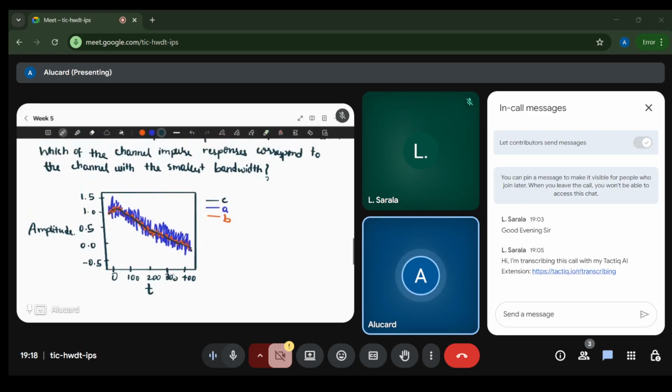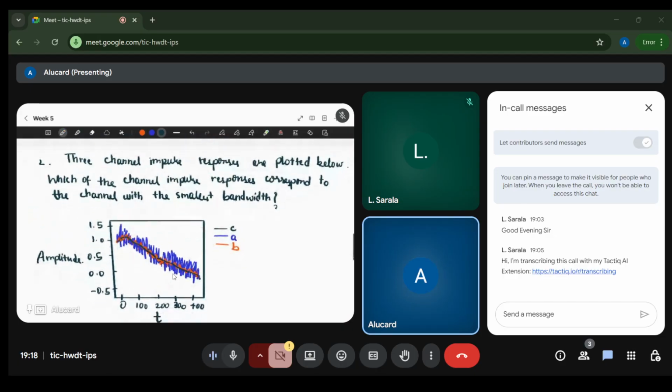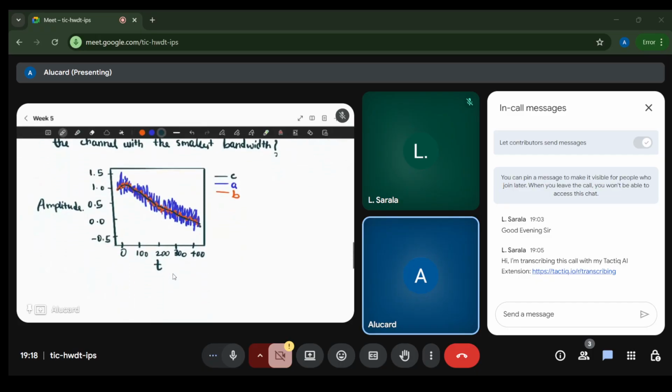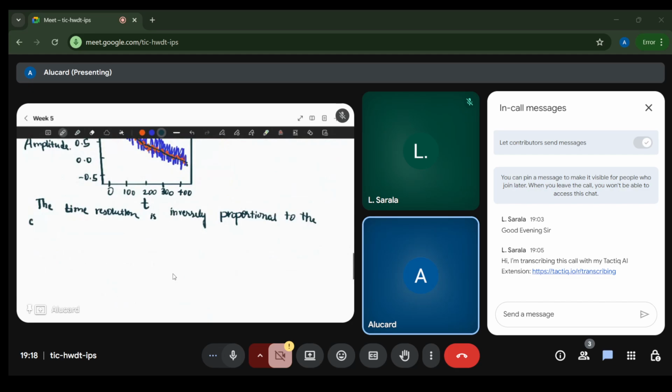The thing we have to be aware of here is that the time resolution is inversely proportional to the channel bandwidth.